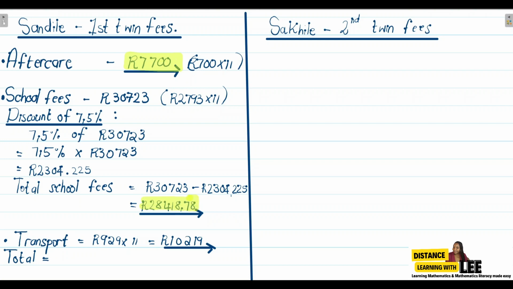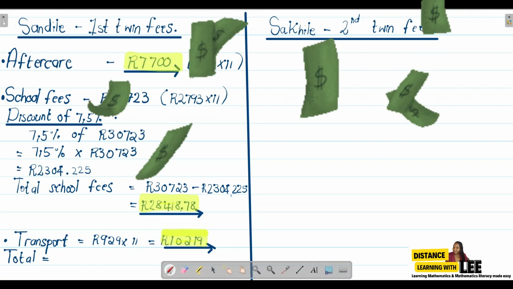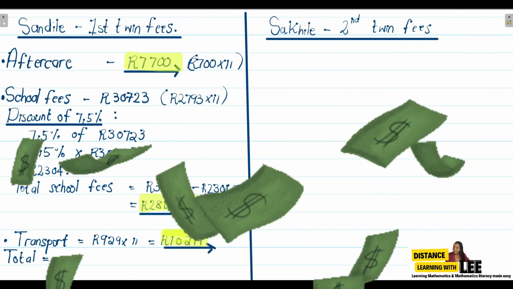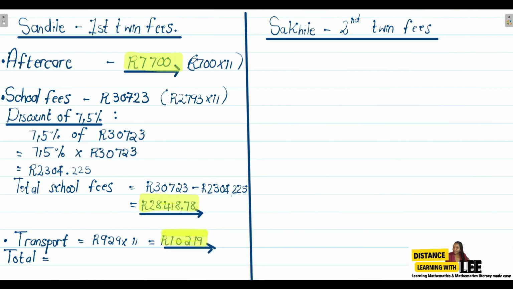That is the total school fees that Mrs. Dlamini pays towards Usandile, and the transport costs. The total for the transport for Usandile is 10,219.